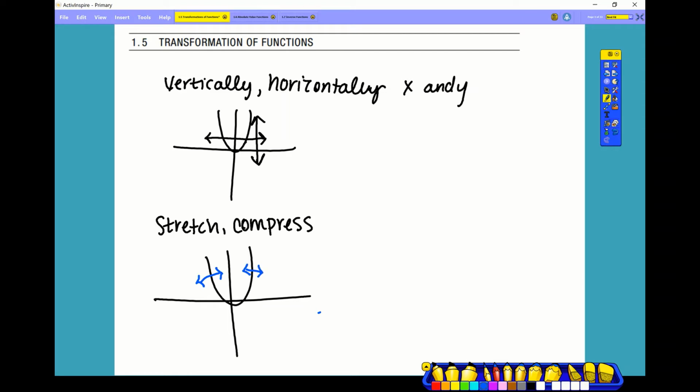You can think of it as either squishing the graph in towards the y-axis, or pushing it out, making it go more towards the x-axis, like a hanger. Like if you've ever had to take a wire hanger apart so that you could clean a drain, or unlock a car because you locked your keys in it. You have to pull it out. That's what I mean by stretching and compressing. You can think of it like a hanger at the bend.